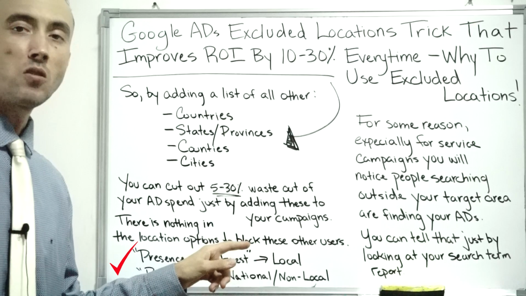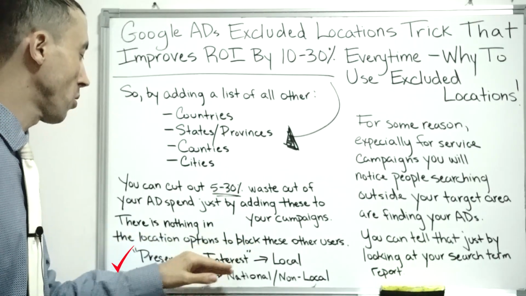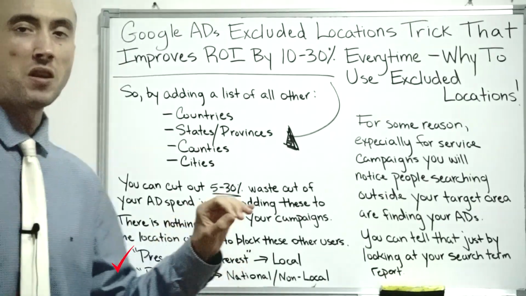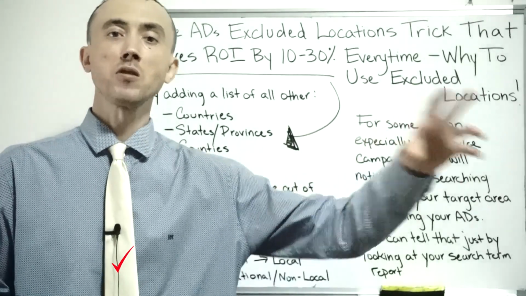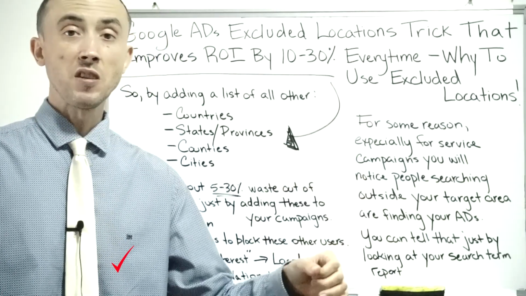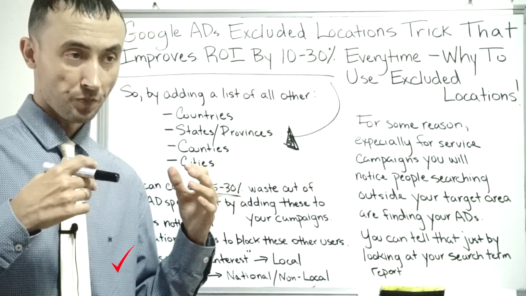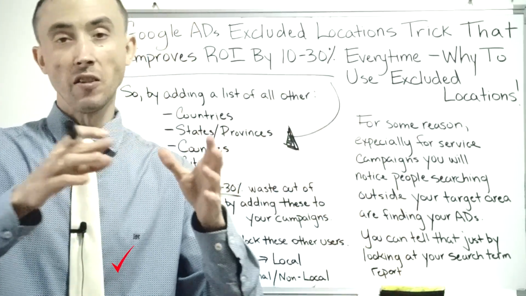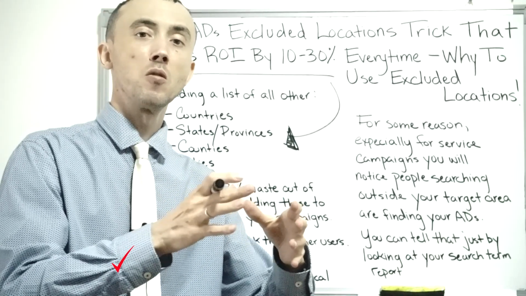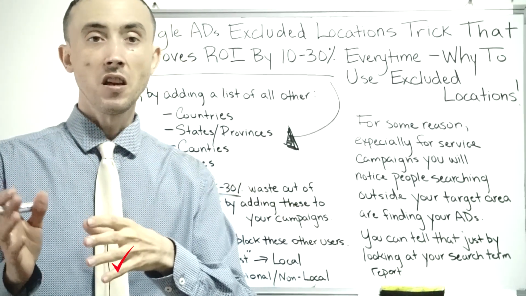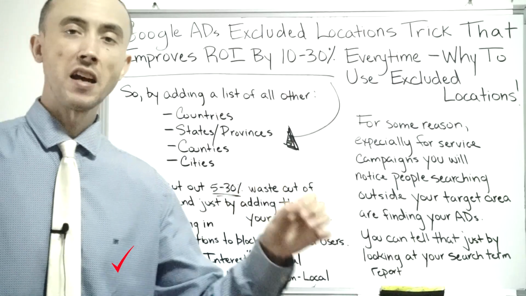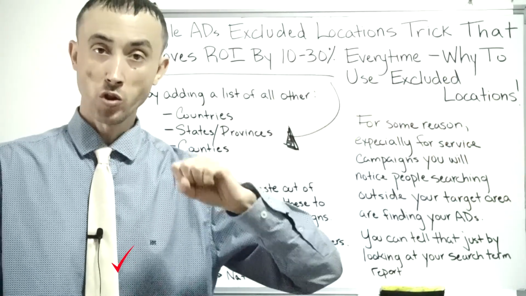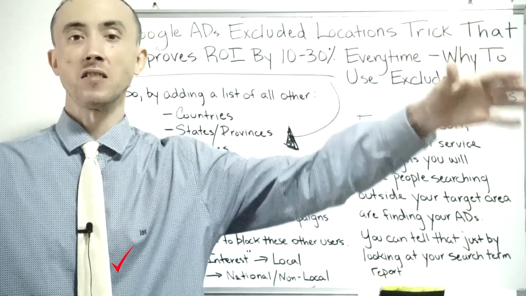There are two options you can normally choose: either presence or interest, or just presence. Presence or interest is somebody that's either in your area or just has interest in your area. So going back to the previous example I mentioned, if I'm not in San Francisco but I type in San Francisco plumbers, let's say I'm in Denver, and you have presence or interest selected in the advanced location settings, your ad will show up for me being in Denver, even though I'm not in San Francisco.